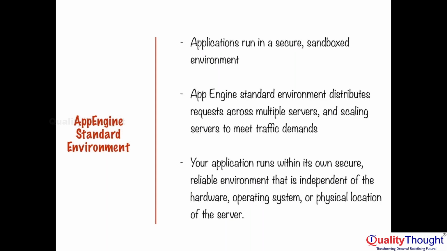And here you can see it scales the servers to meet the traffic demands. This is called auto scaling. Based on the traffic demand, it will use multiple servers, not only one server, based on the requests. The App Engine standard environment distributes requests across multiple servers and scales the servers to meet the traffic demands.